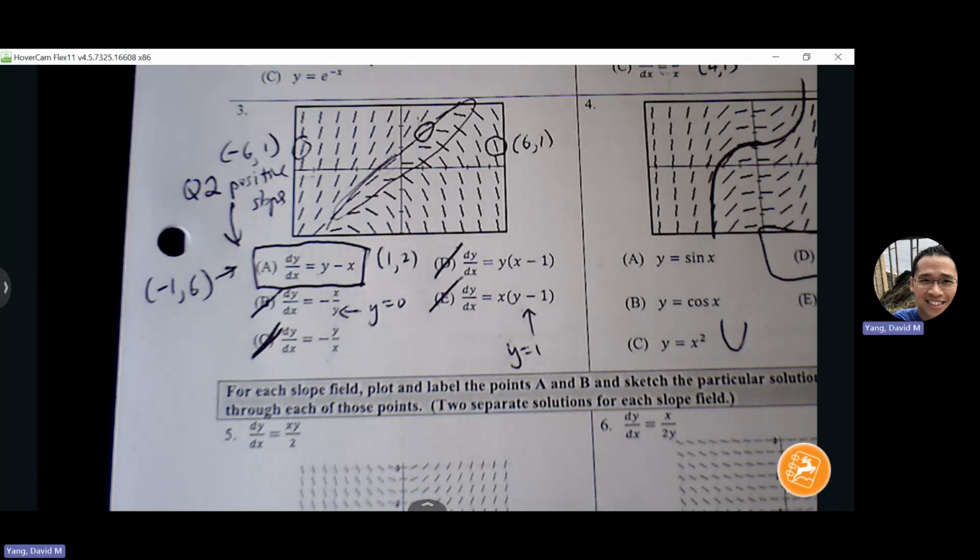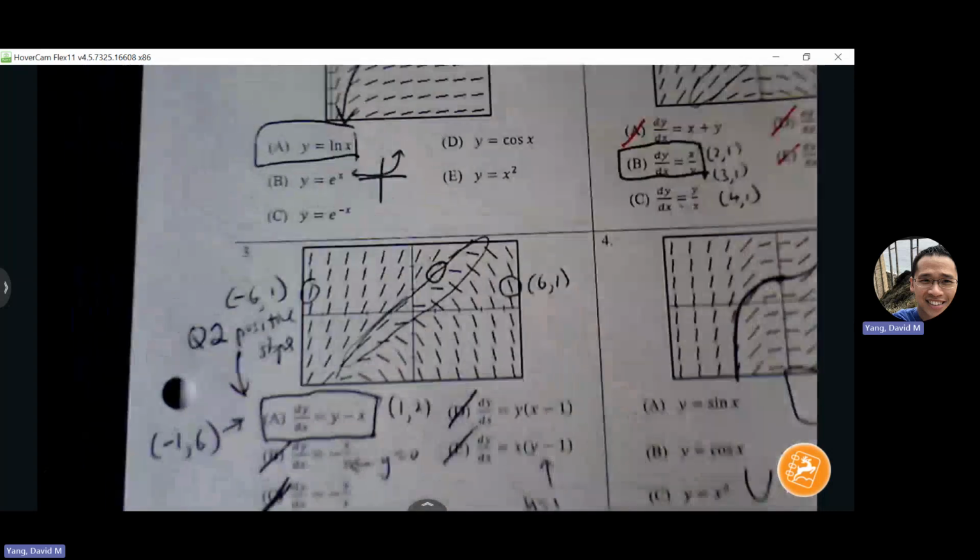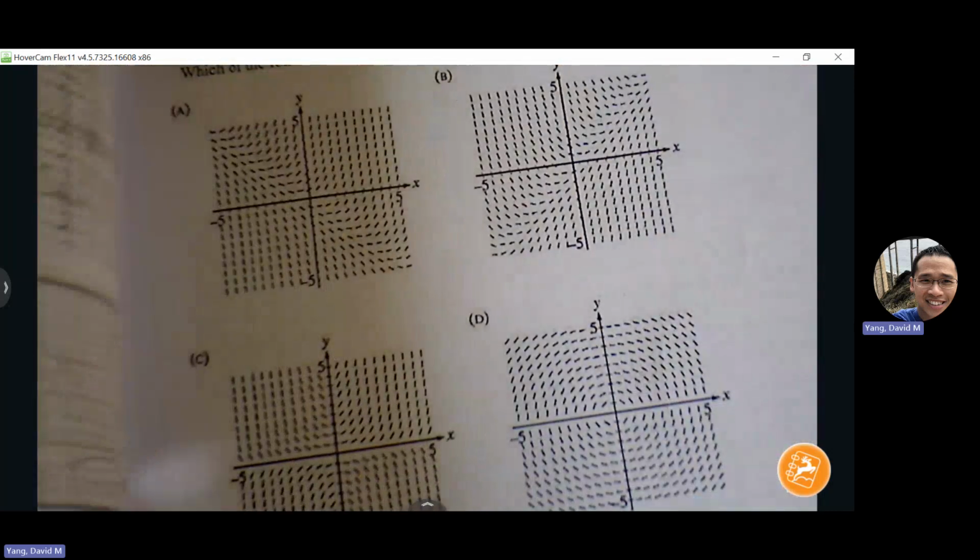Okay, so if we eliminate all the wrong choices, then we have an easier time figuring out which one could be the best fit. Okay, let's go to page 3. There's nothing on page 2 that has multiple choice.